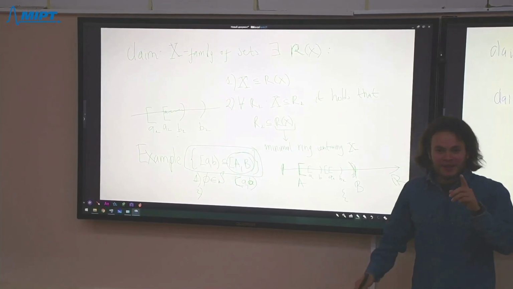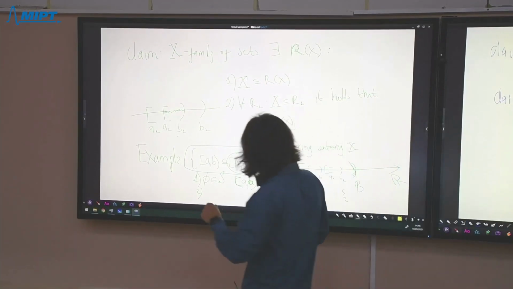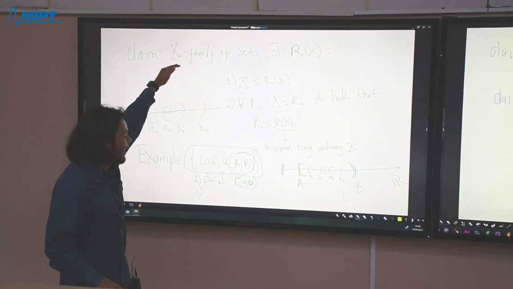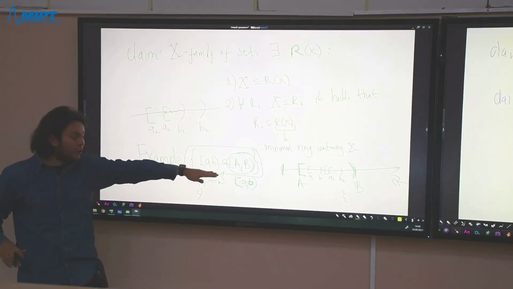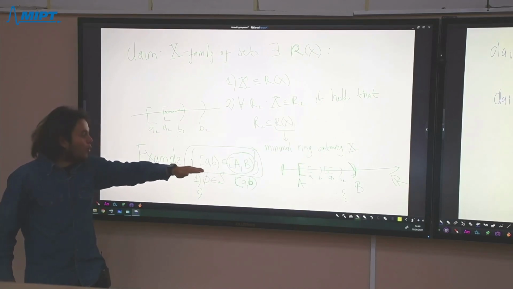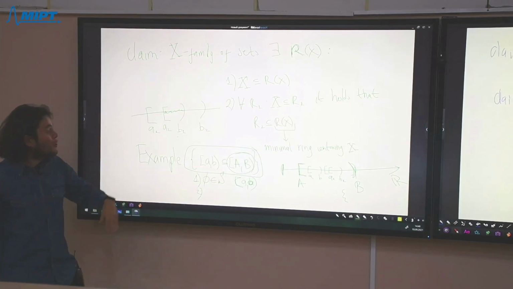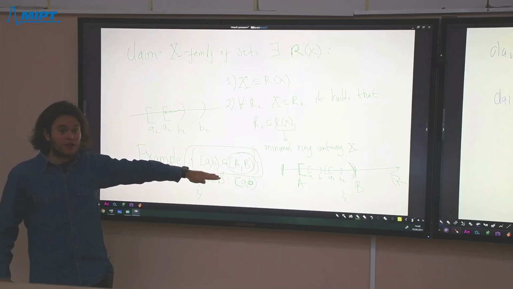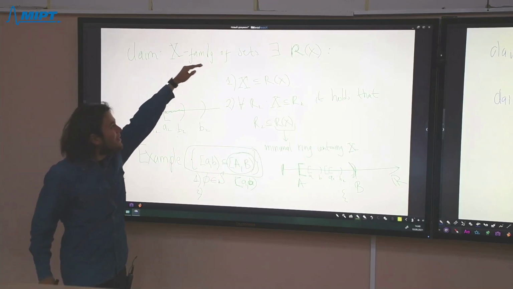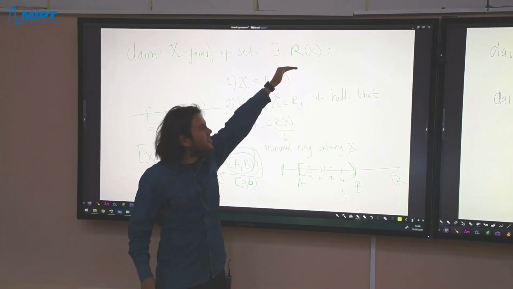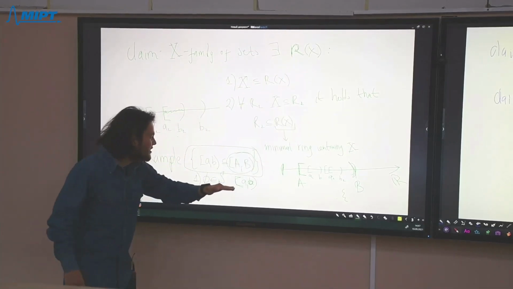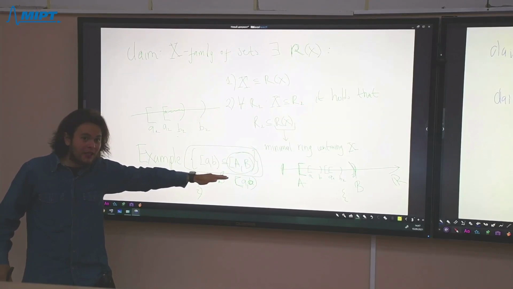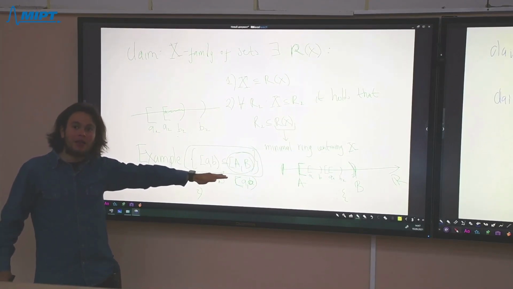I'm going to explain that right now. Look, we have X, which is any family of sets, for example this one. So we have this family of sets, which in this case is a semi-ring. And now there exists, for this family, some ring which contains it and is the minimal one.